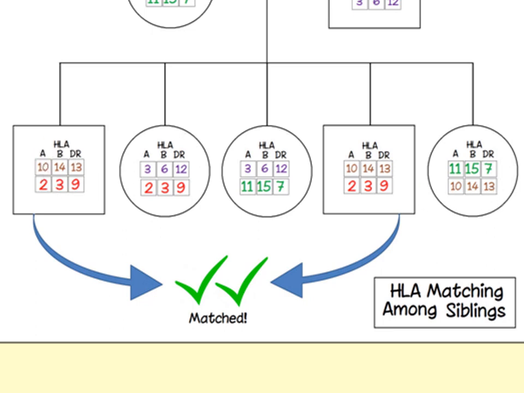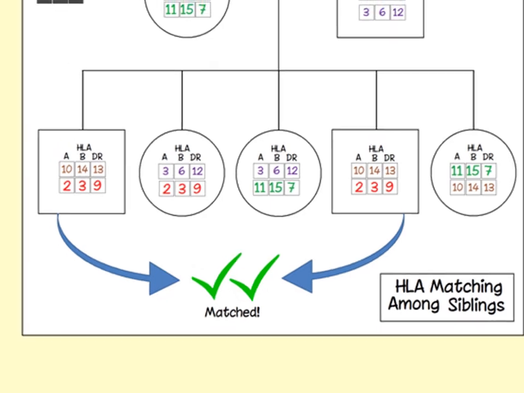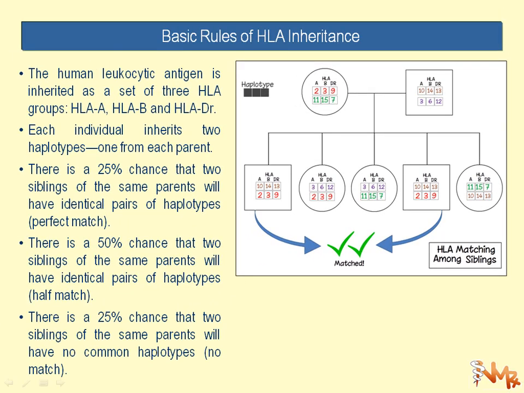So this is a half match. And of course, there is a 25% chance that 2 siblings of the same parents will have no common haplotypes, no match. In this diagram, they are either half match or full match, so I don't see a no match in this particular case.